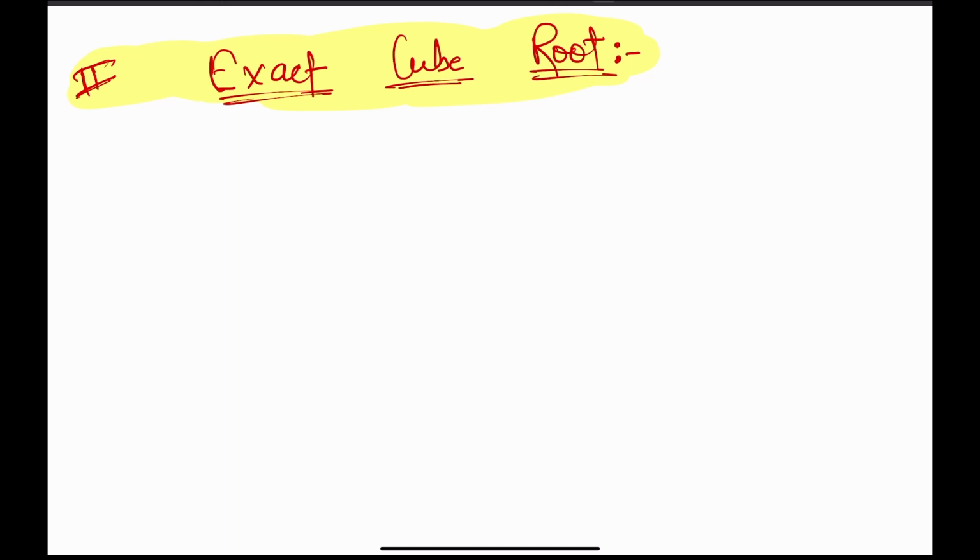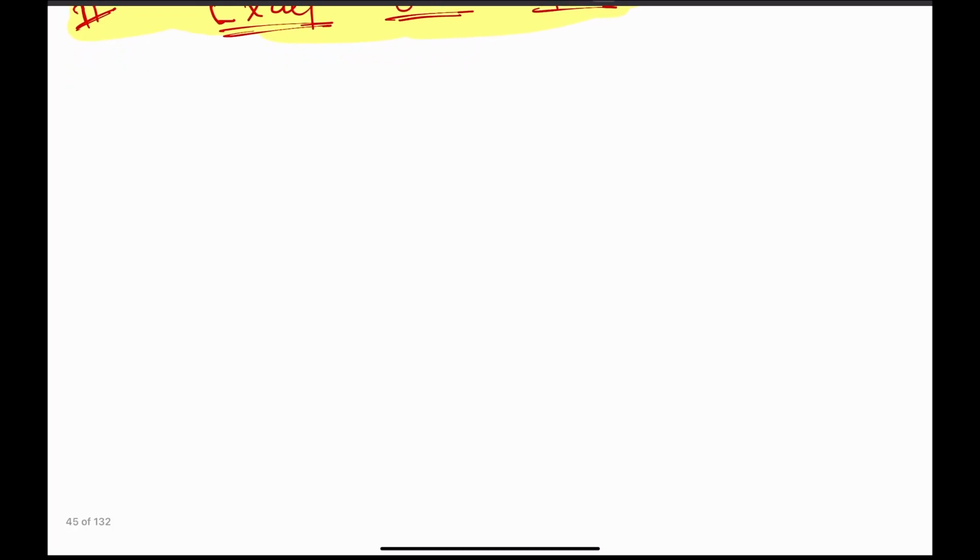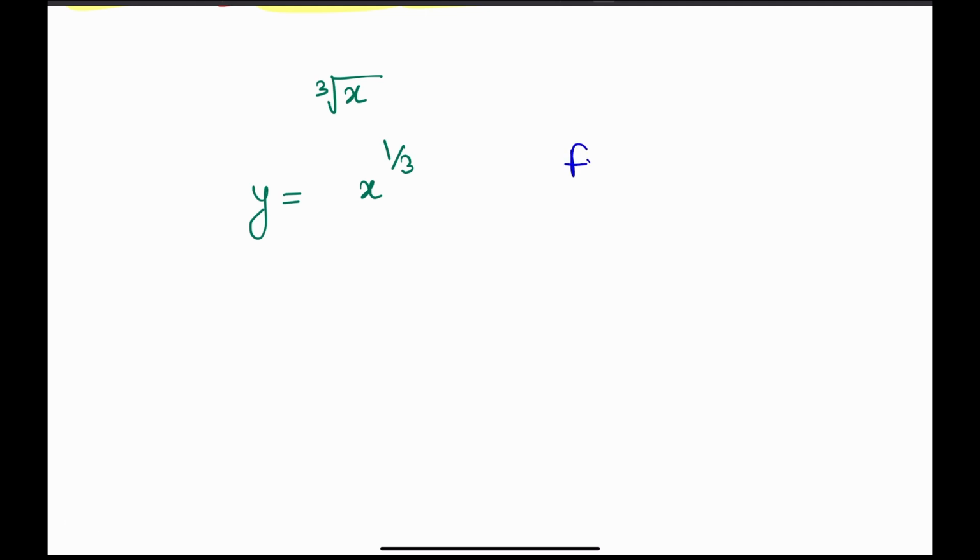Questions usually ask, tell me the cube root of this one. As I already said, we can rewrite it as y equal to x to the power 1 by 3, and indirectly the question is asking me to find the value of y.